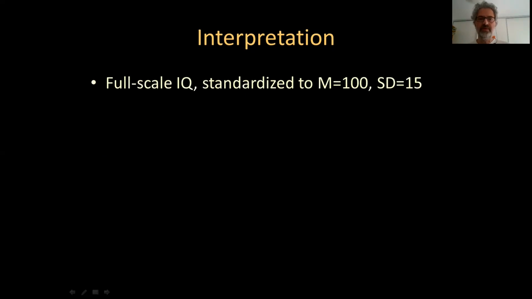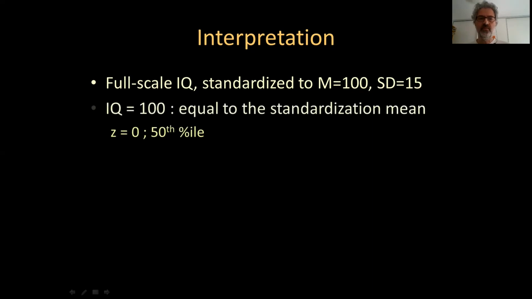Let's start with the case of full-scale IQ, which is scaled to a mean of 100 and a standard deviation of 15. So what does a score of 100 on an IQ test mean? Well, 100 is equal to the standardization mean. By definition, we make IQ scaled scores have a mean of 100.